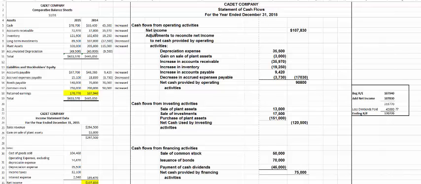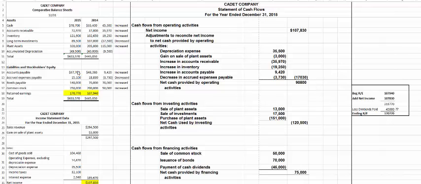Starting with net income, we then need to adjust that number based on analyzing the changes to non-cash or other current assets other than cash and current liabilities, and then adding back non-cash expenses like depreciation, adding back losses, and subtracting gains.